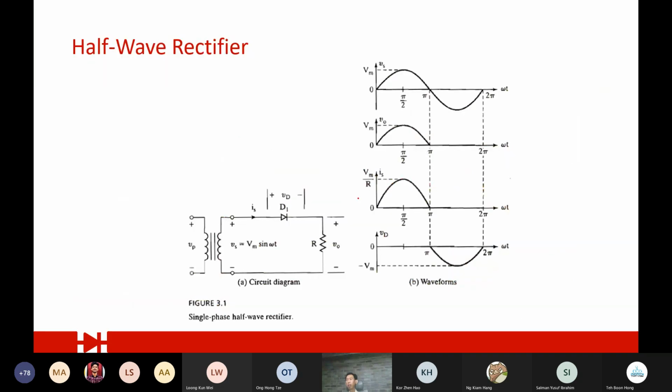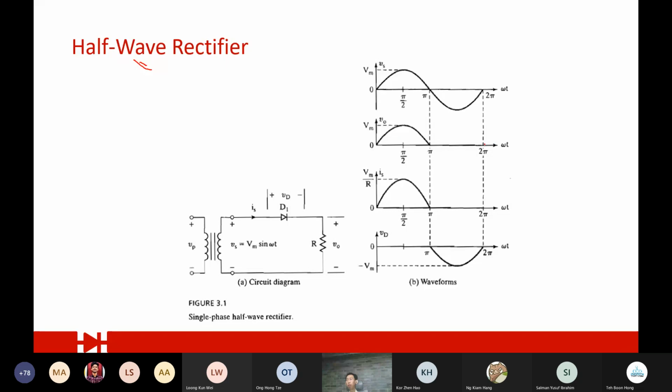Now we start off with the very basic type of rectifier, the half wave. Half wave basically you just use one diode and connect to the load. Your input is a sine wave AC, and the rectifier only allows the positive cycle to pass through and blocks the negative cycle.